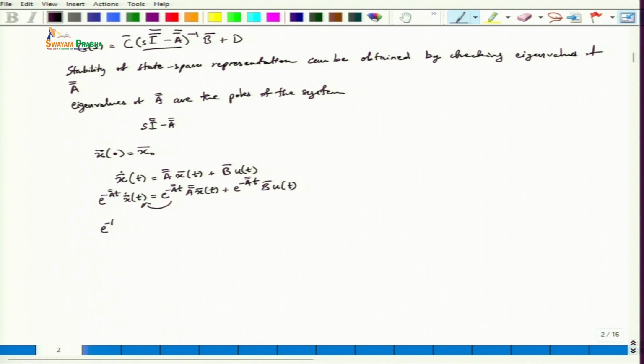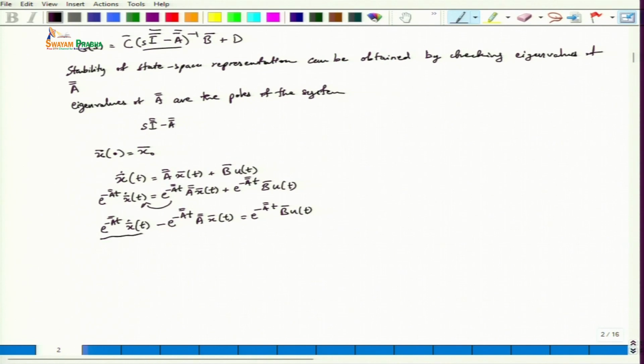So, we get e to the power minus At, and this is equal to e to the power minus At B u.